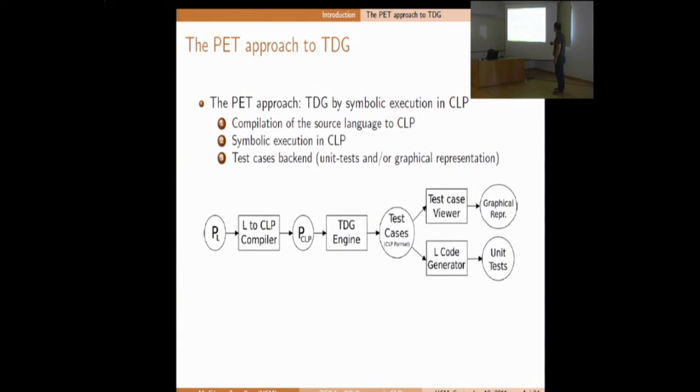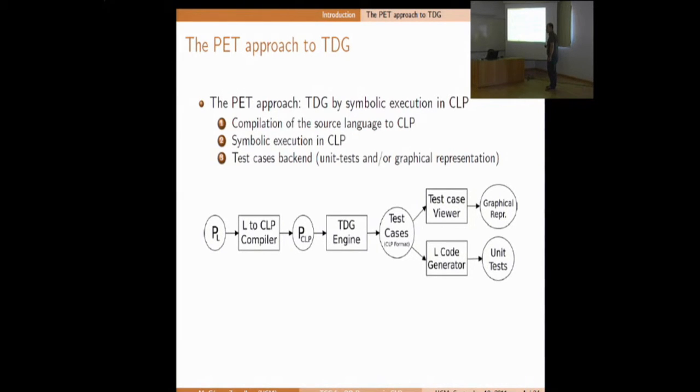So basically, we have 3 steps. The first one, we transform whatever program, in our case it is Java, but this is generic in some sense. So you have some imperative object-oriented language here, and then you compile it to a constraint logic program, right? And then we formulate the engine of the test data generation in constraint logic programming, and then we get a set of test cases.